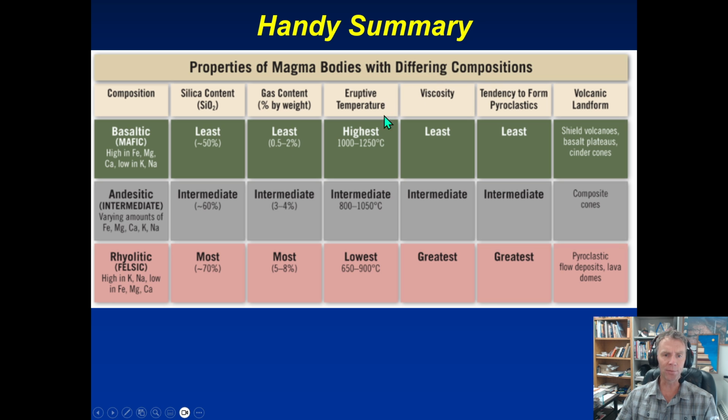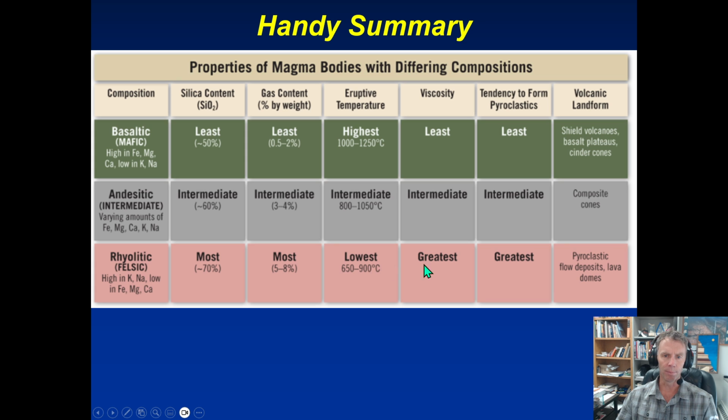If we go to eruptive temperature, the silica content determines to some degree the temperature, and the temperature and the viscosity are somewhat related. So just like honey, we know that when honey has been in the cupboard for a long time, or maybe you go camping and it's at a low temperature, that means that the honey is very sticky. It doesn't flow well. It has high viscosity. Same with magma bodies.